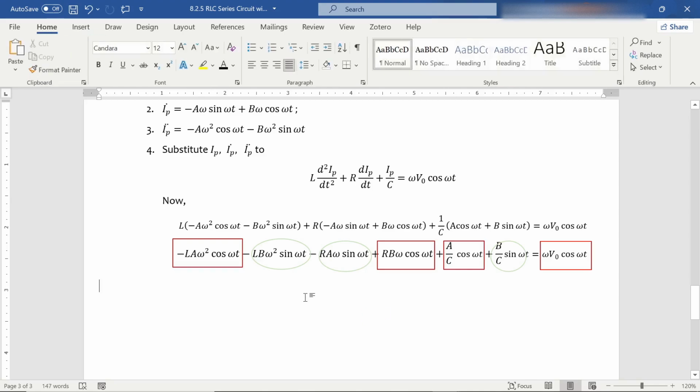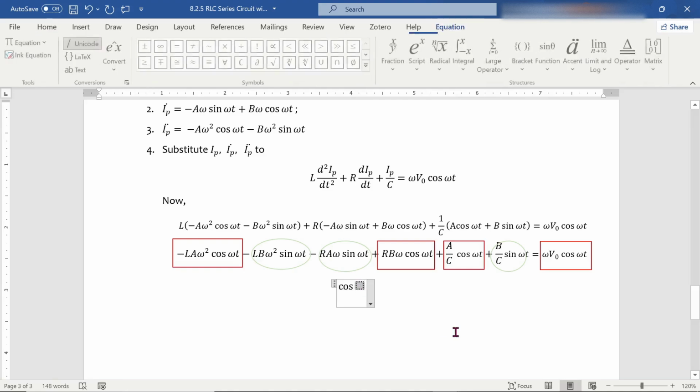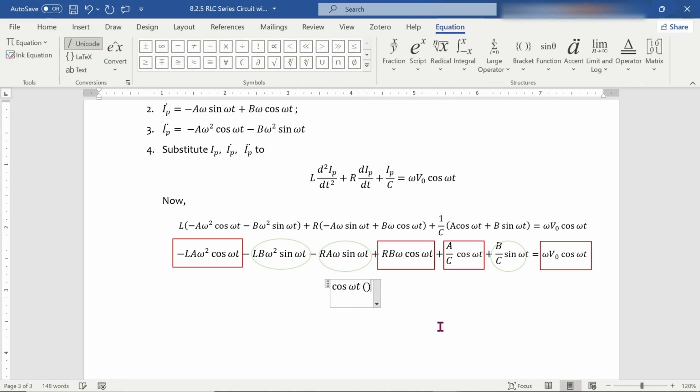So we can group this. We have cosine omega t times negative LA omega squared, plus R omega times B, plus A over C, and then we equate this with the right hand side.